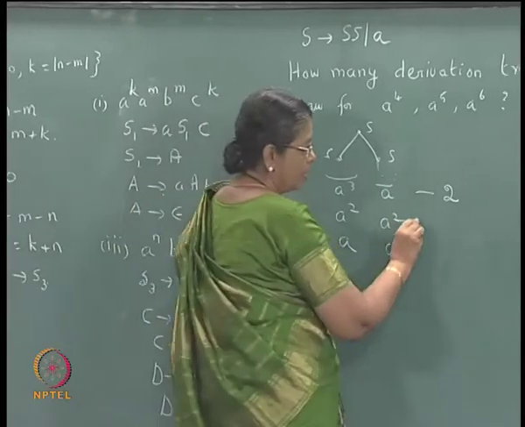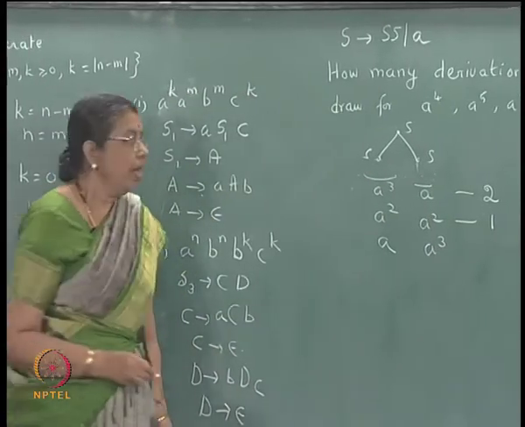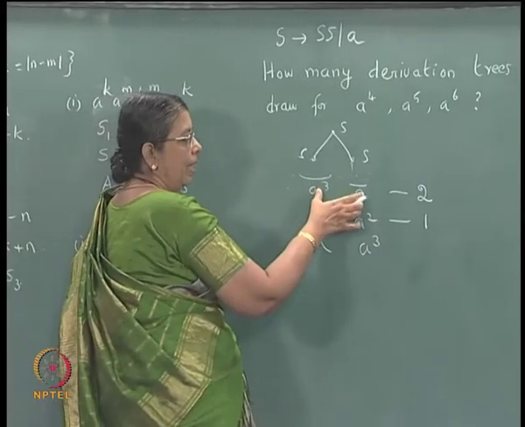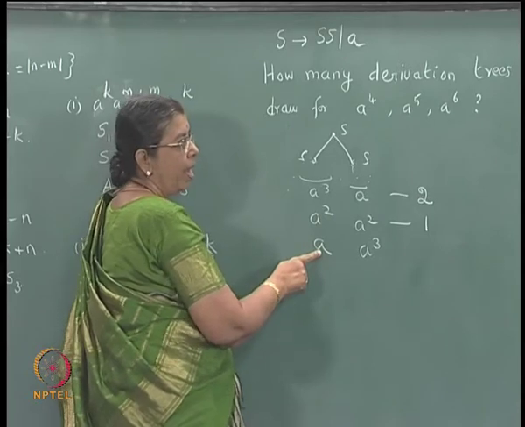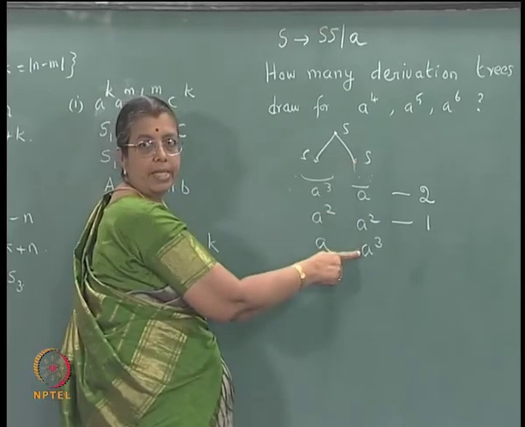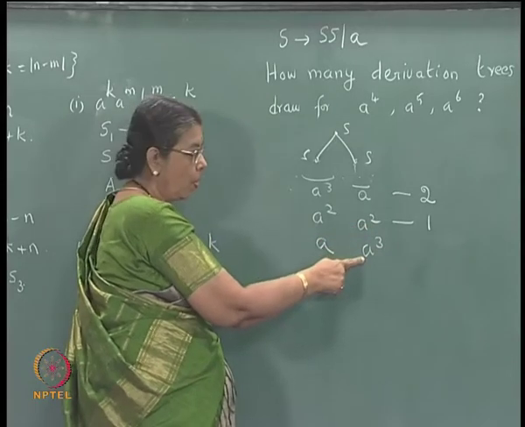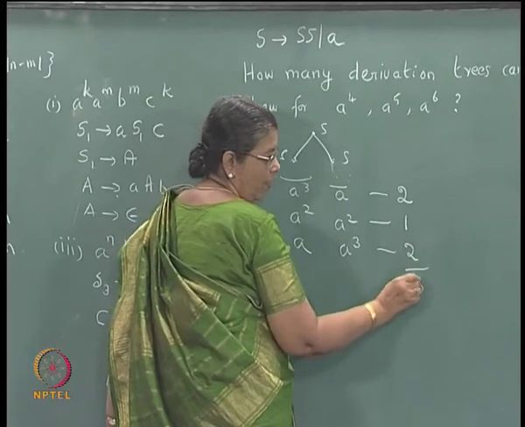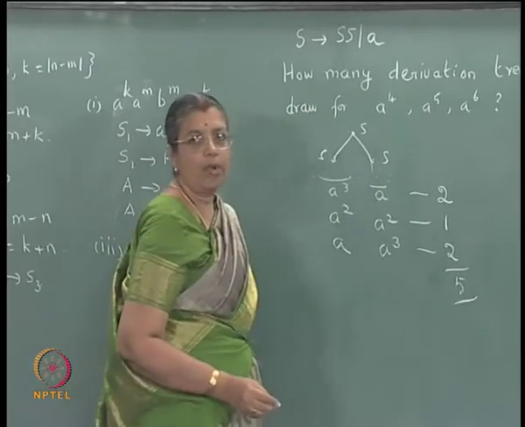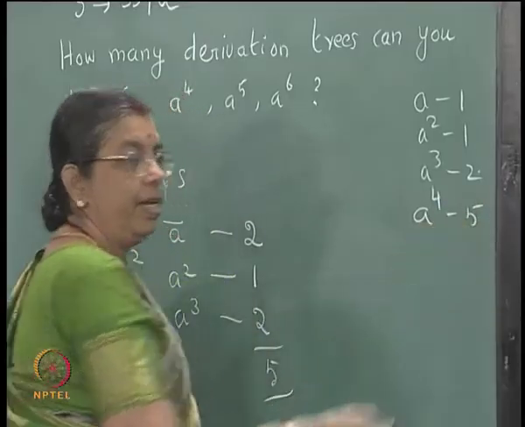So, that will give rise to one derivation tree. The same thing like this, when you want to generate 1 A from here and 3 A's from this S, this can be done in two ways. So, this will give rise to two derivation trees. So, totally for A power 4, you will have 5 derivation trees.